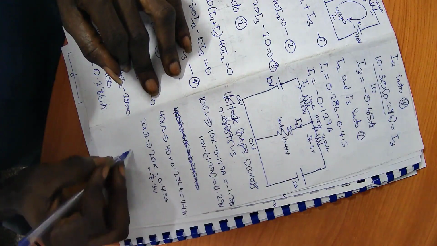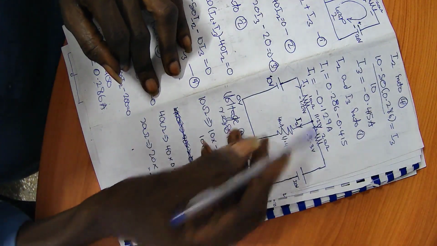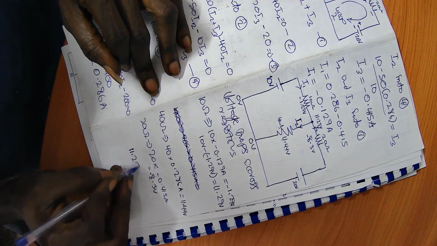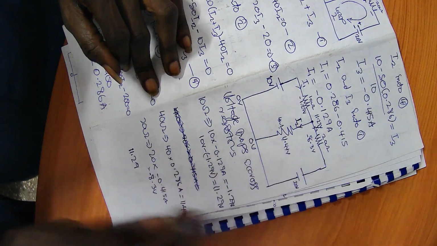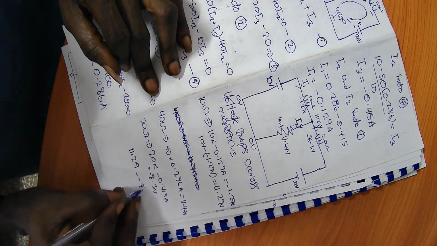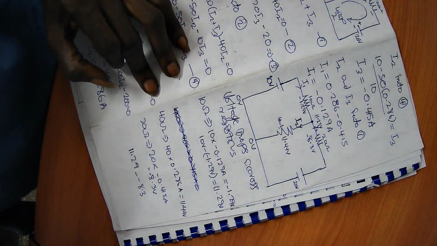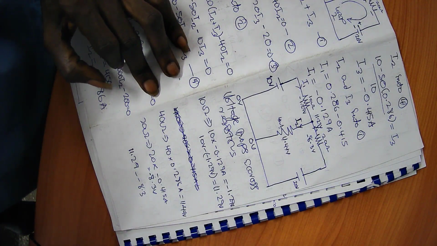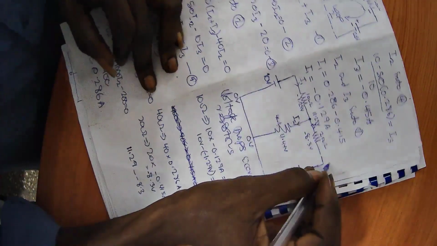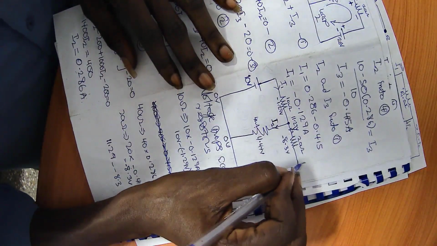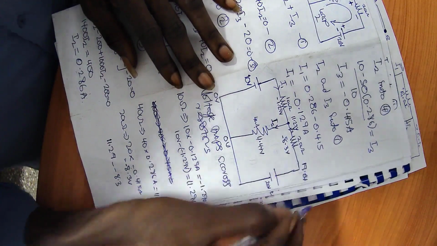Now, if you can see, here is 11.29. So here is negative, that means that minus 8.3. Okay, so that means that the voltage here is approximately 19.6 volts.